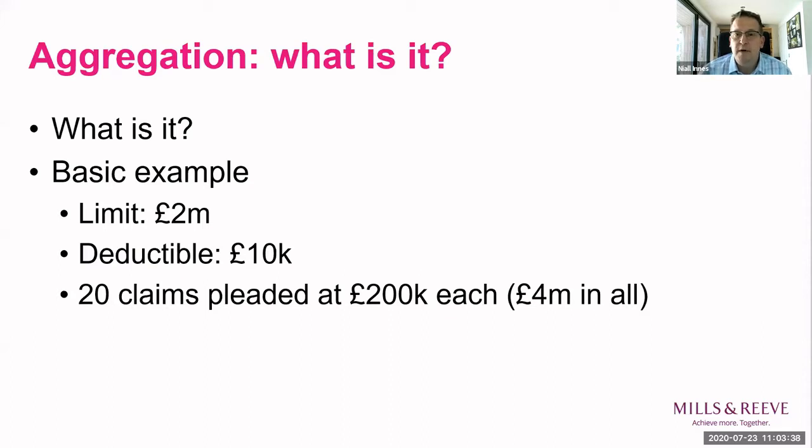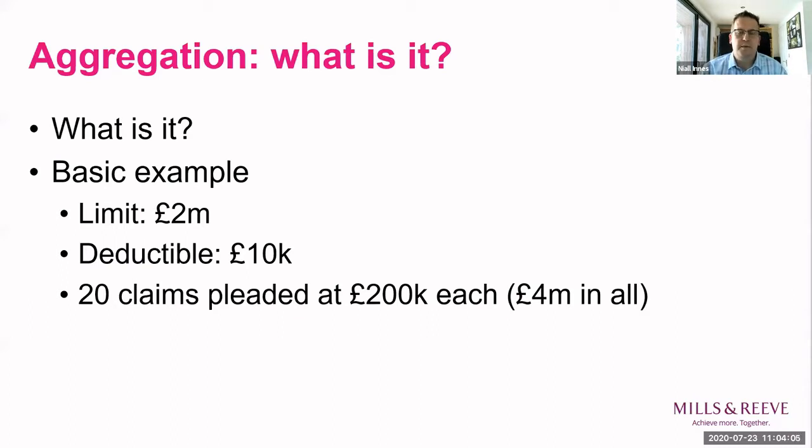So for instance, it might mean that there's a limit to the number of deductible payments that might be made. It might be beneficial to the insurer, because you can imagine getting a loss limit, but not facing multiple attritional liabilities where there are multiple claims. But who it benefits is going to be different each time. You may well on one day be wanting the wording to aggregate, and on the next, in different factual circumstances, wanting it not to.